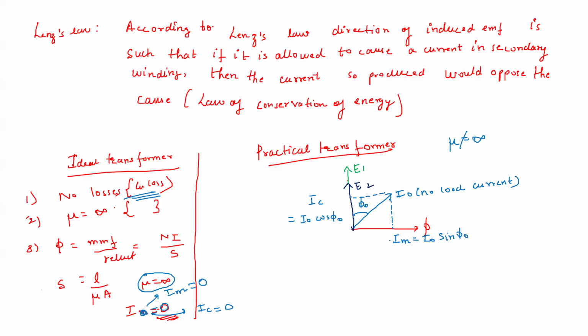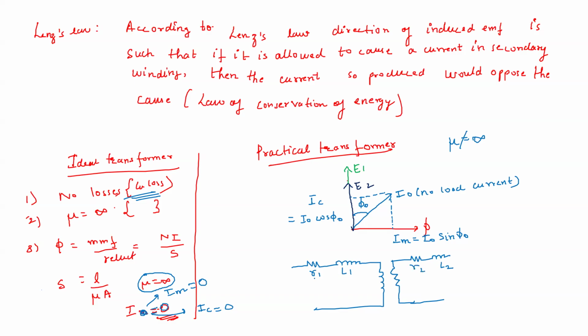Okay, so if I draw the equivalent circuit diagram for the two windings, I am first drawing like this. So you know that there are two coils. The two coils have some inductances associated with them. Primary inductance is L1, secondary inductance is L2, and there is some resistance because everything in nature has some resistance, right?